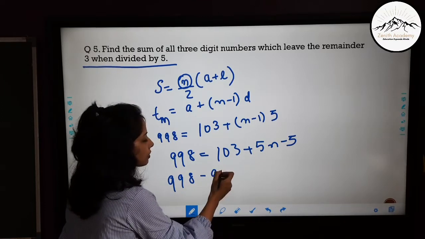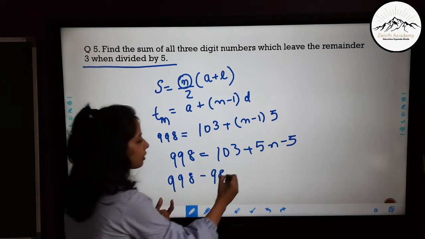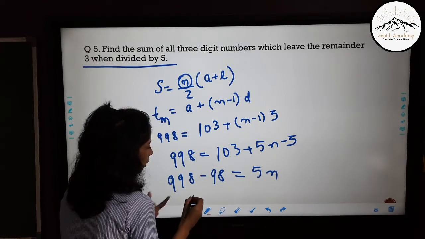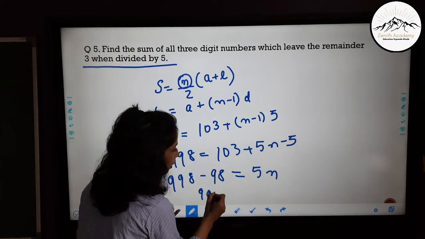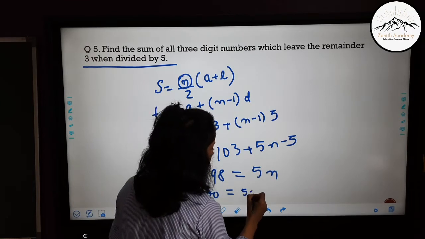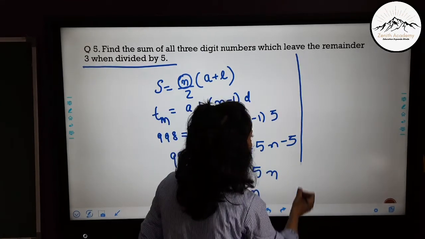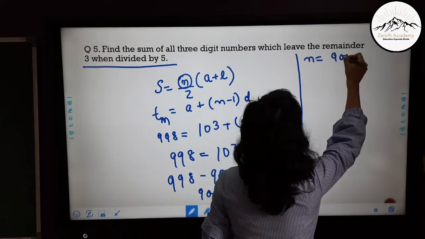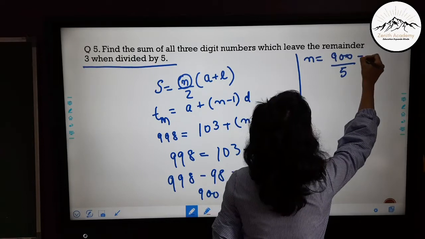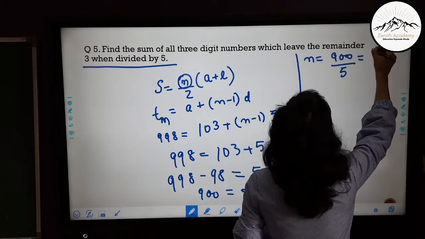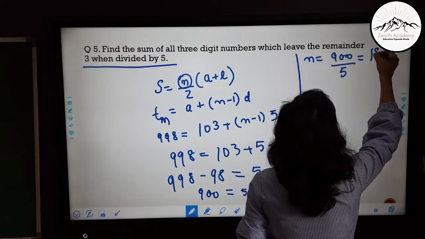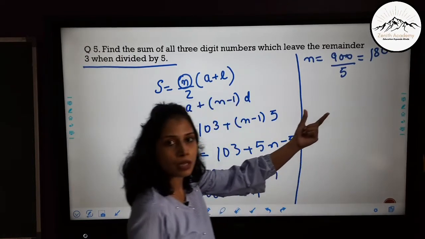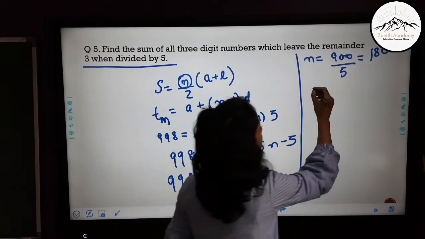Shifting 98 to this side, it becomes minus 98, and this is equal to 5n. So this is 900 is equal to 5n. This implies n is equal to 900 divided by 5, which will give us 180. So the total number of terms, that is n, is equal to 180.